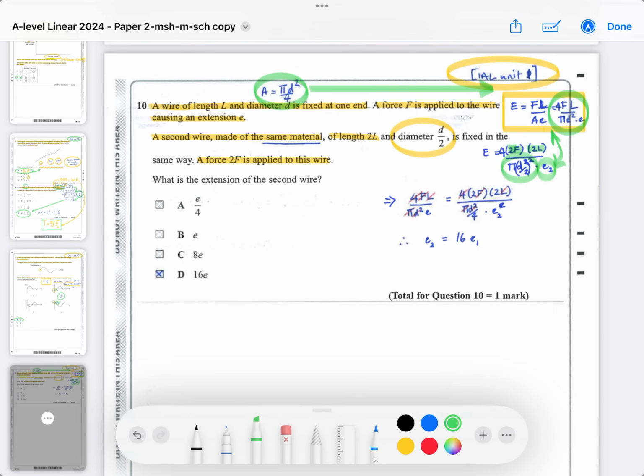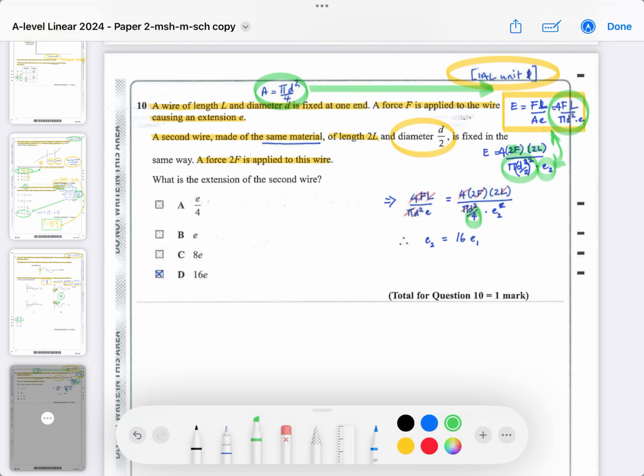So if you cancel out everything, you will see that these two equations are equal because E is common in both, and you can cancel a lot of the numbers. The 4s cancel, the Fs cancel, the Ls cancel, and all you're left with is the numbers outside, so the 4F, and you see the 2 inside the bracket on each of them stays. The pi d squareds cancel. There's another 4 at the bottom here, yeah?